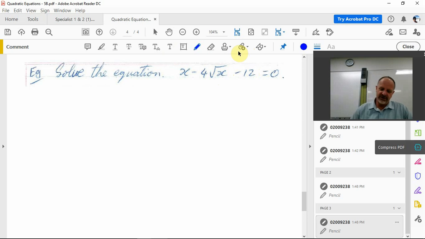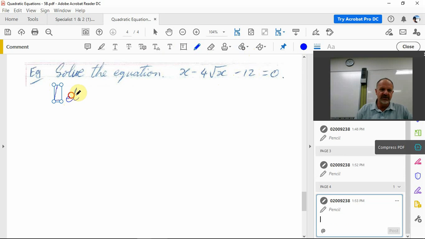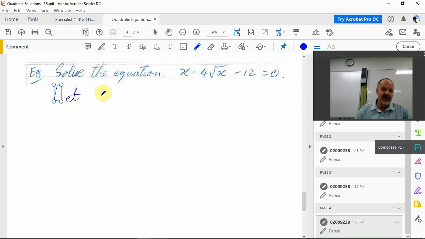So what you can do, however, is make a substitution. You can say, okay, to help me solve this, I'm going to let x equal a squared, and a is greater than or equal to 0.